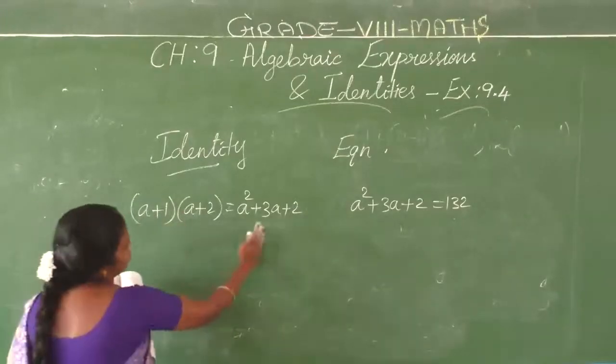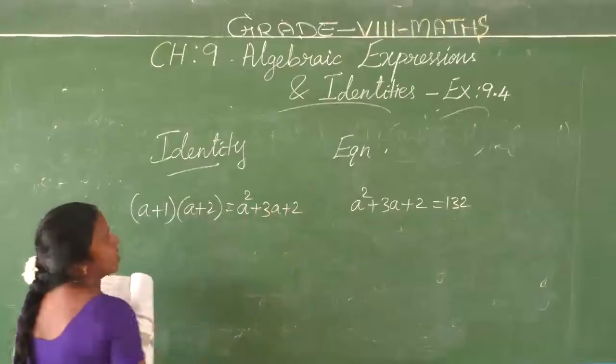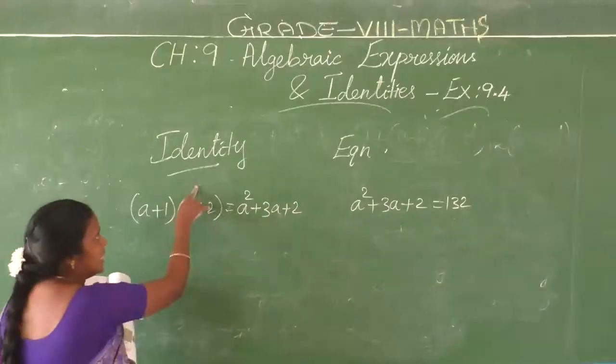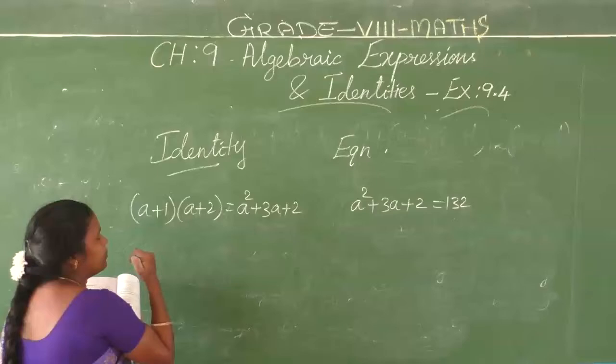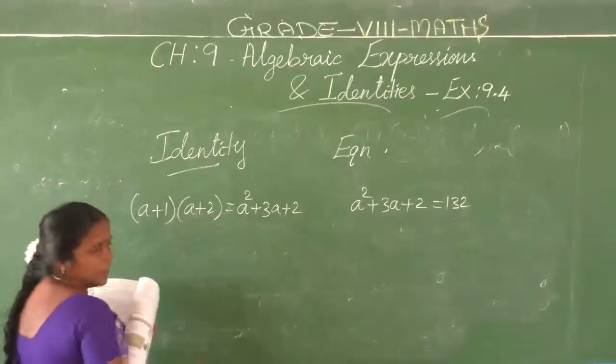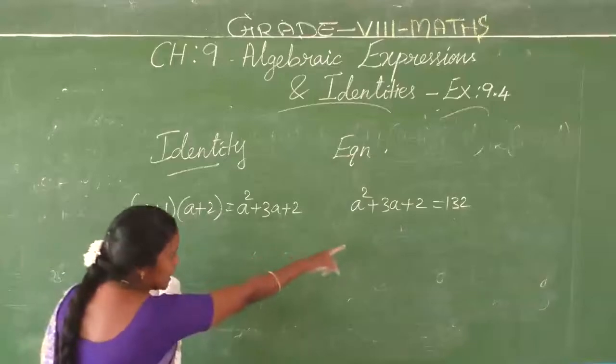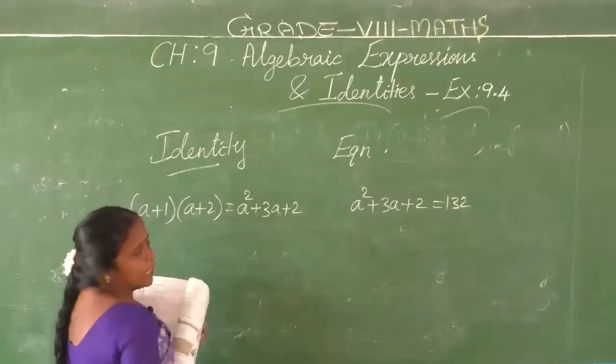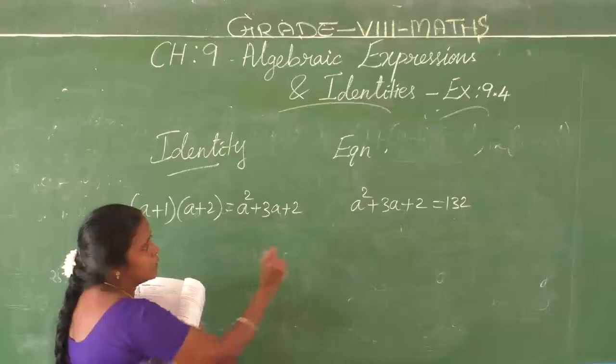Now I am going to show the difference between an identity and an equation. Here the identity is the standard one. That means for whatever value you apply for the variable, it gives the same result. But the equation gives equality only for certain values of the variable.